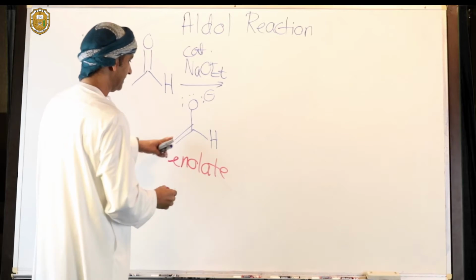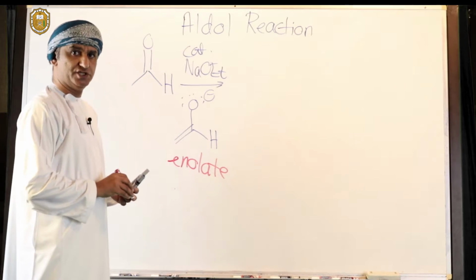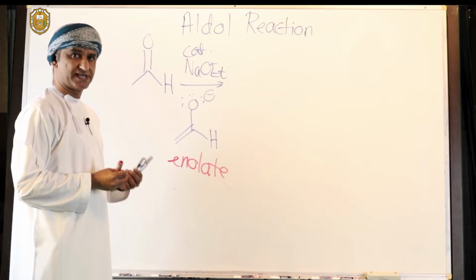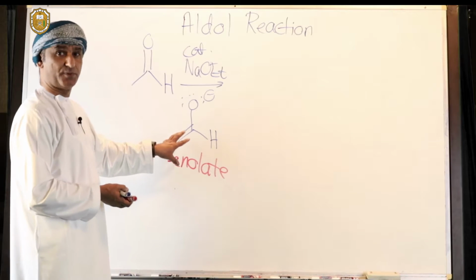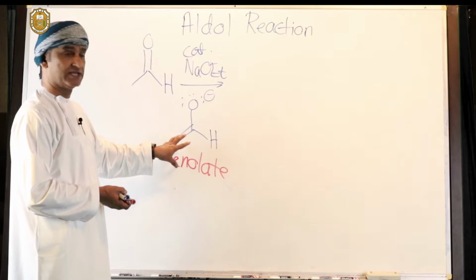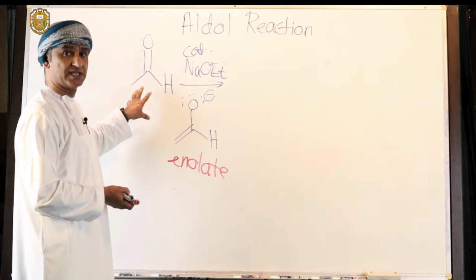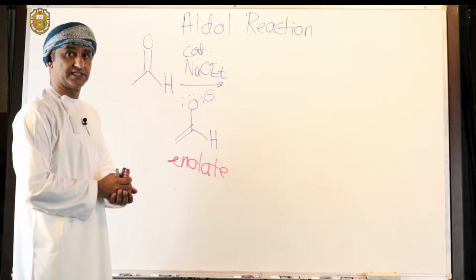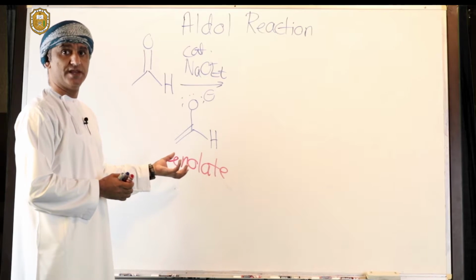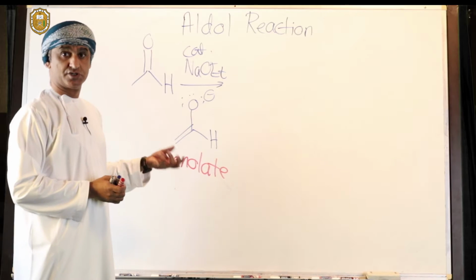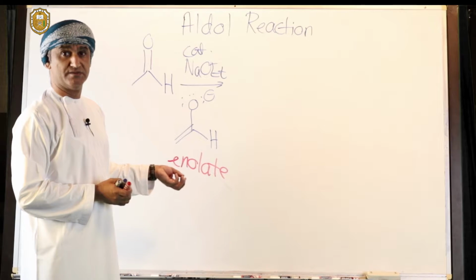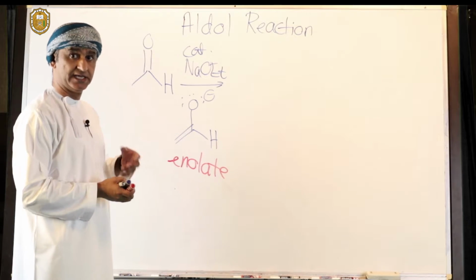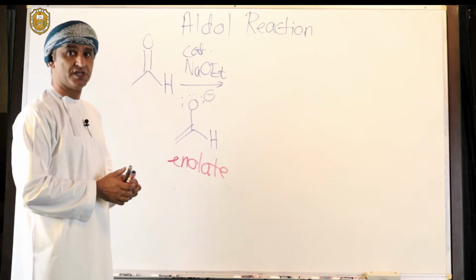And of course, enolates are nucleophilic, so they should react with electrophiles. If there is 0.01 mole of the enolate, there should be 0.99 mole of unreacted acetaldehyde left. So 0.01 mole of the enolate should react with 0.01 mole of acetaldehyde in a nucleophilic addition reaction.